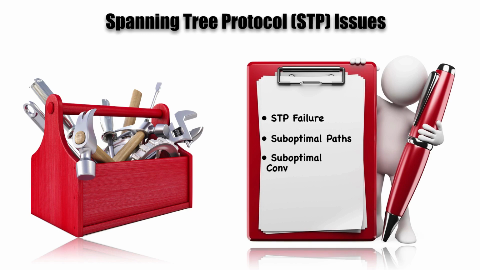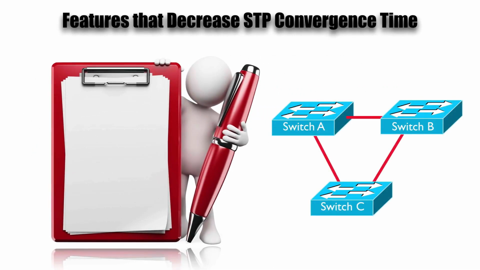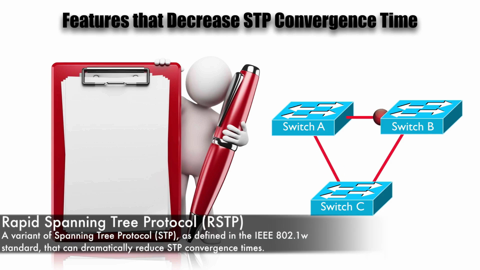We want to speed up these STP convergence times if we can. We don't want to have suboptimal convergence. And we've got some features that can help us out. Well, I guess the biggest feature is a different flavor of spanning tree protocol. There's something called 802.1W, or rapid spanning tree protocol. Depending on your topology, how big it is, and where the failure occurs, you can have much quicker convergence than 50 seconds.